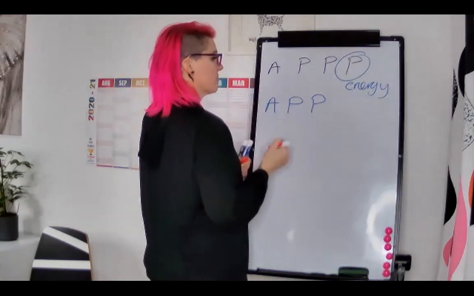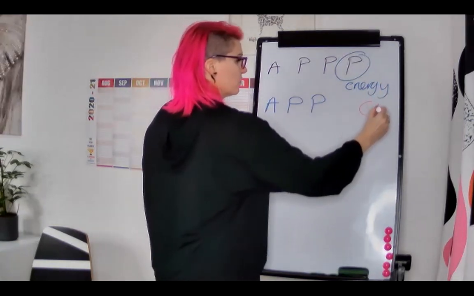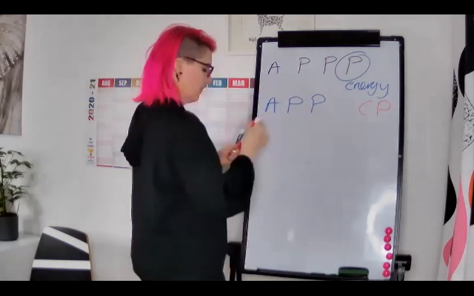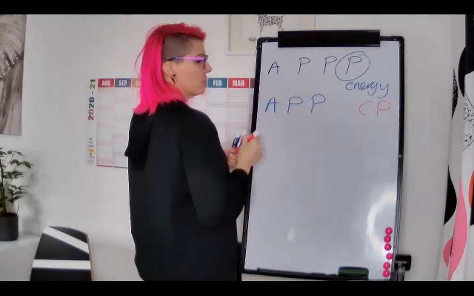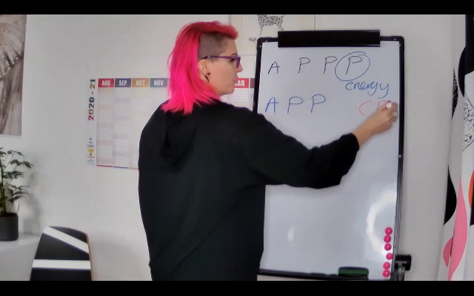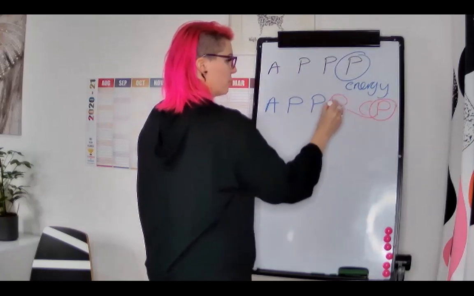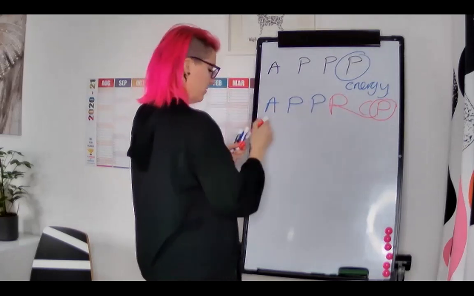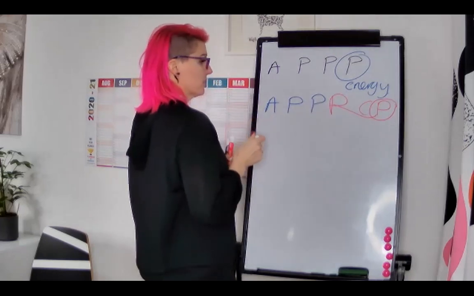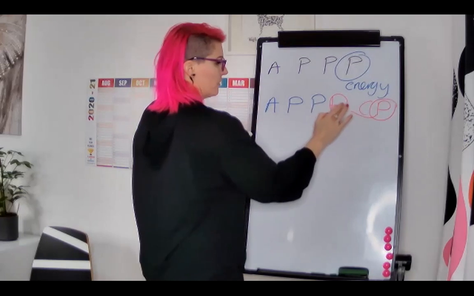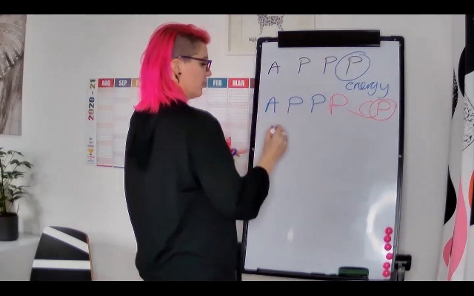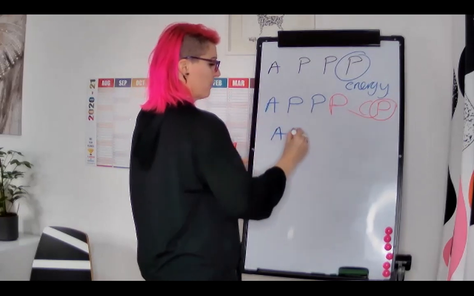So along comes our creatine phosphate, which is stored within our muscles. And what we can do, the chemical reactions will allow this phosphate to bond back onto adenosine diphosphate, giving us our adenosine triphosphate again.